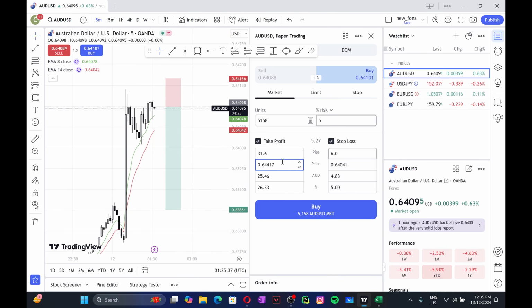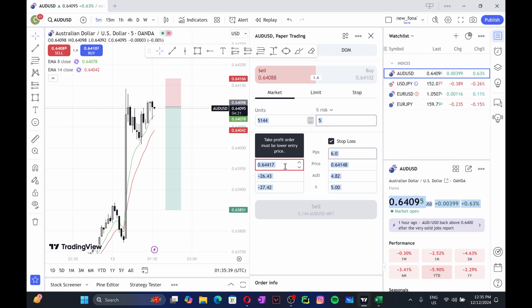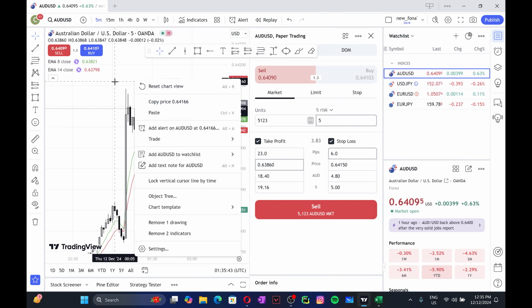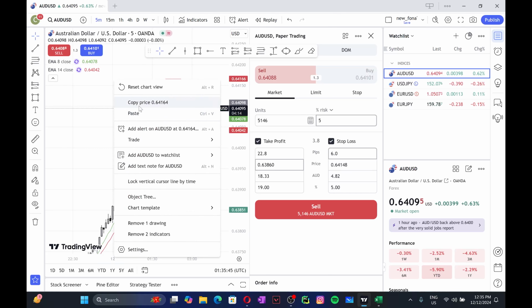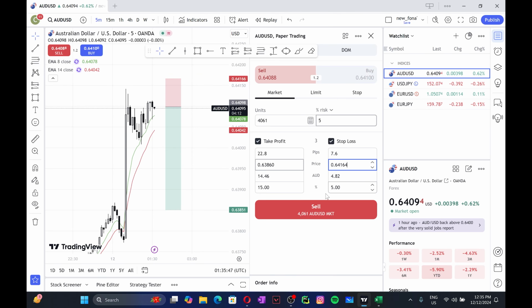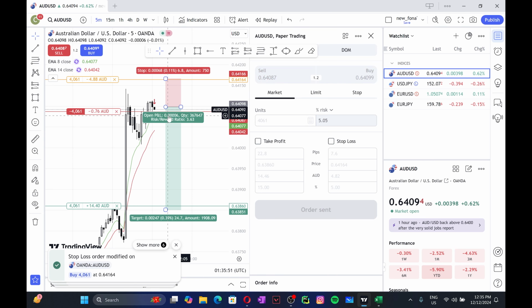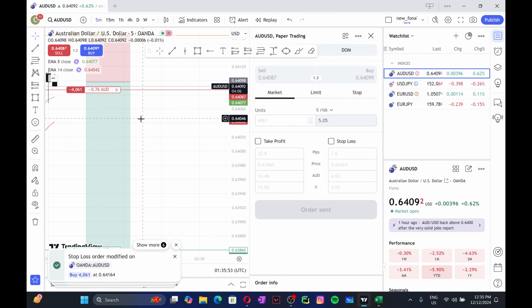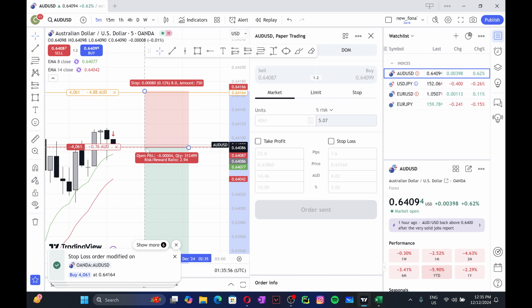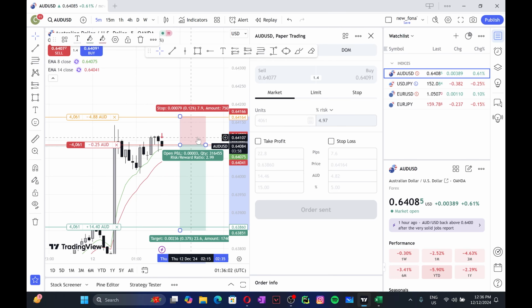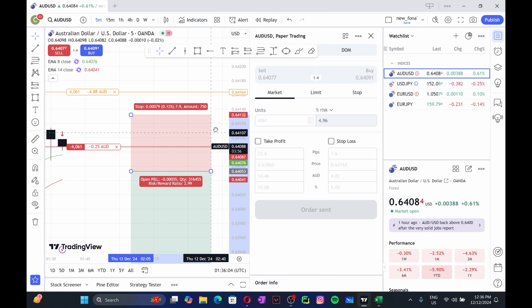Let me just keep it over there. This is a sell position. That should be my take profit, and my stop loss should be, actually let's keep it around there. So that's going to be my stop loss. And let us sell the units. Okay, so I'm going to zoom in here and get our price low.